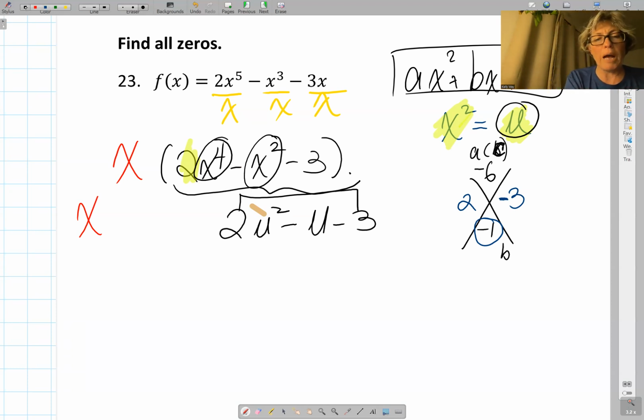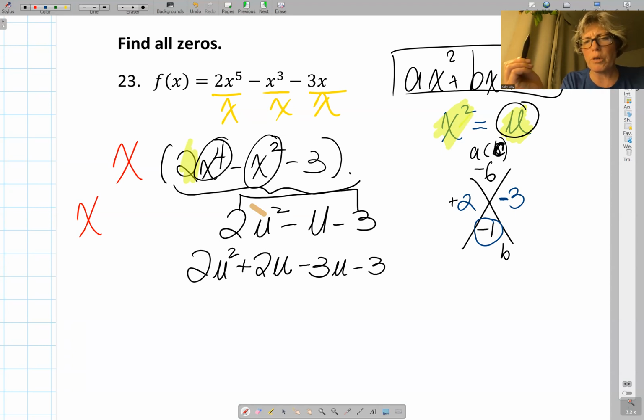Now we're going to do this by grouping here. So I'm going to have 2u squared, excuse me, plus 2u, that's plus, minus 3u minus 3. All right, so this portion here is these components right there.